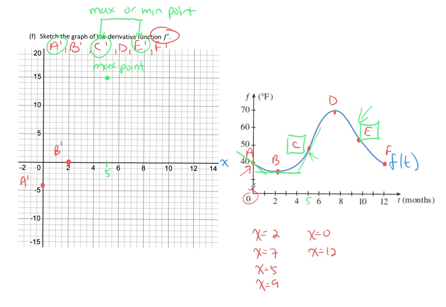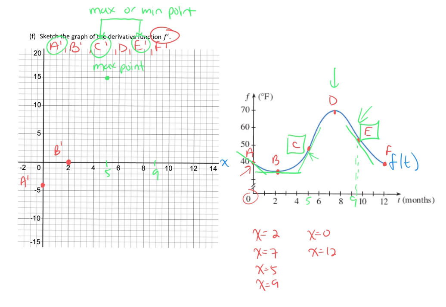Let me jump to point E here, and we'll come back and plot D in a second. If I draw the tangent line that touches the graph at point E, roughly at x equals 9, that slope is approximately -7.